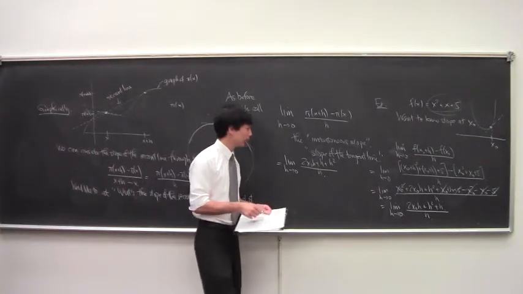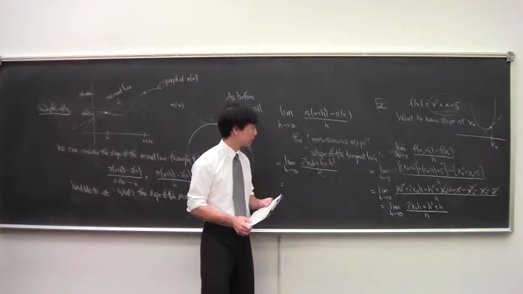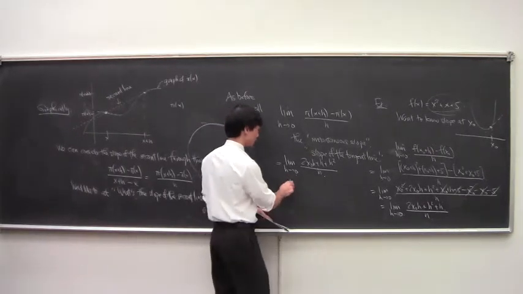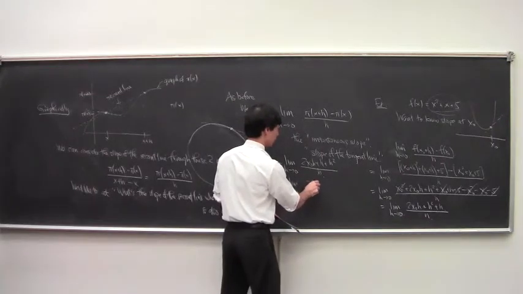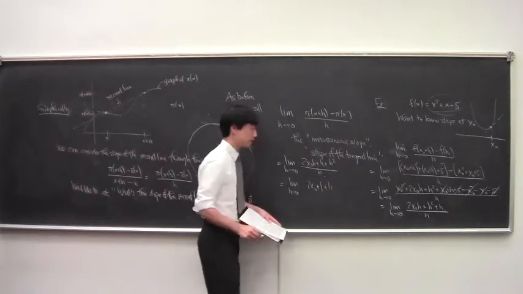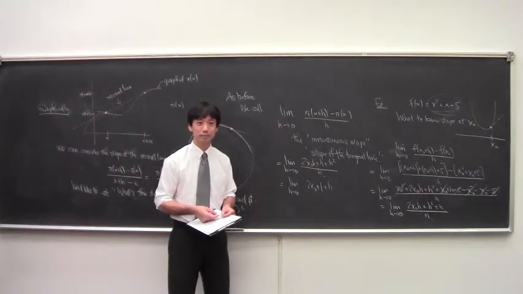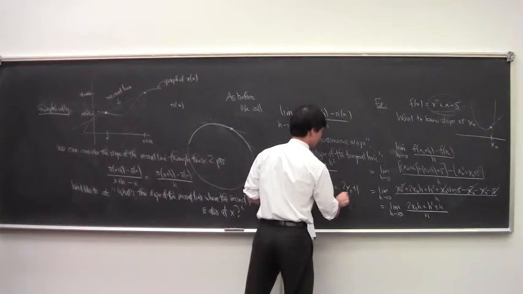Can you factor out the h? You factor out the h, and get the limit as h goes to 0 of 2 x naught plus 1 plus h. So what's that? 2 x naught plus 1.